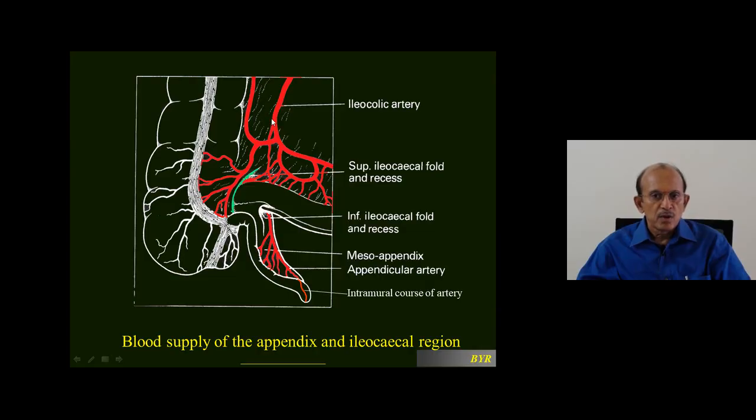From the ileocolic artery, the appendicular artery arises. It comes downwards, passes behind the ileum to enter the mesoappendix, and in the mesoappendix it gives off branches to the appendix and ultimately runs in the wall of the appendix. This is called the intramural course of the appendicular artery.